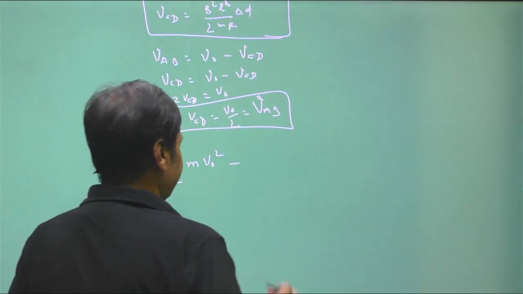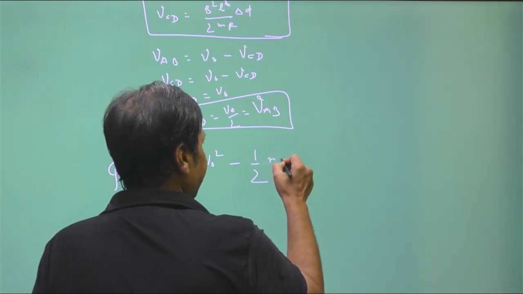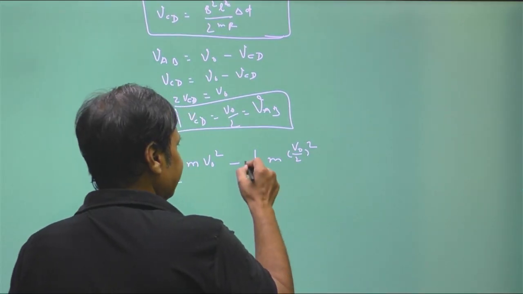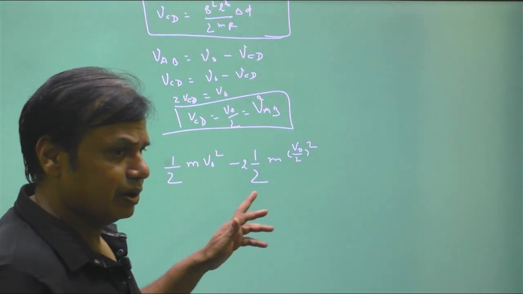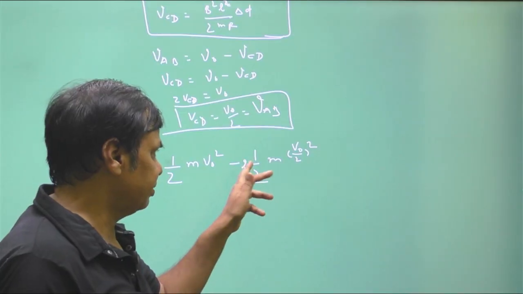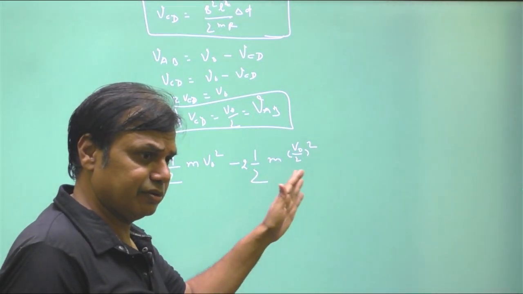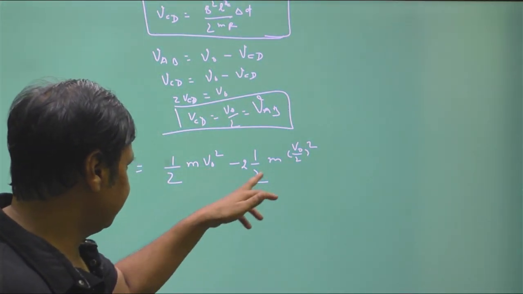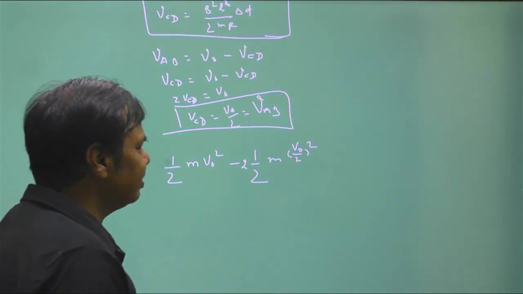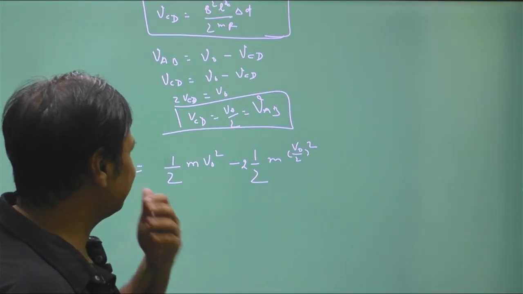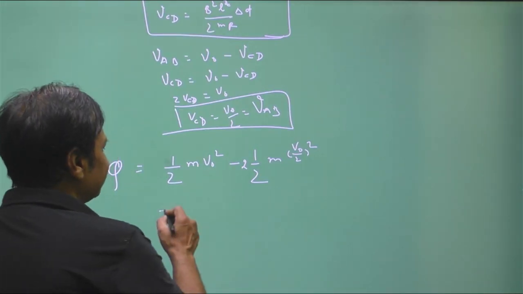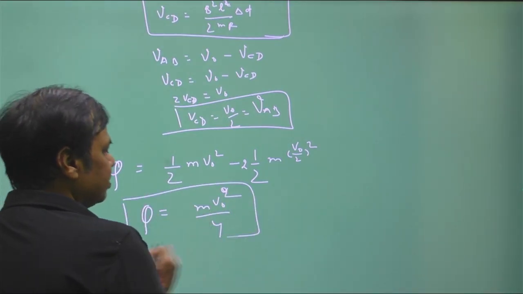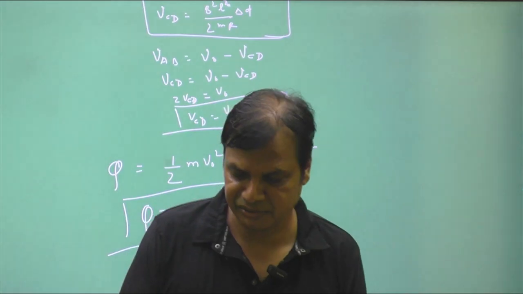And after a long time, half m (v naught by 2) square is the kinetic energy of one of them, and they were 2. So I can multiply this result by 2. And what I got? Half m v naught square minus 1 by 4 m v naught square. That means this much heat is going to be evolved. This is the final answer.